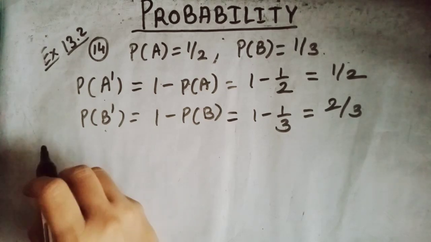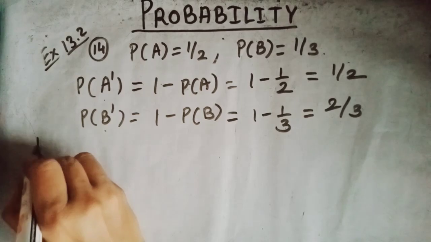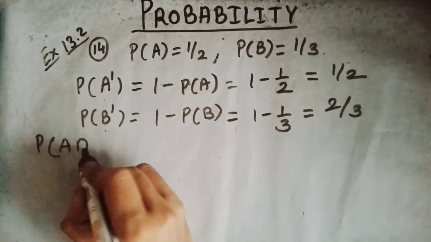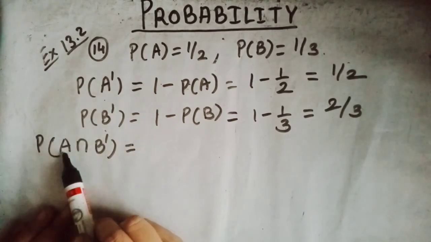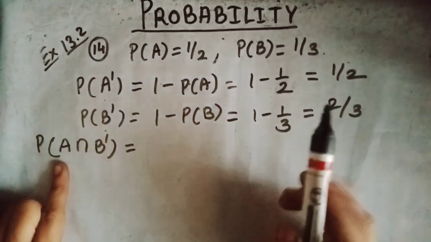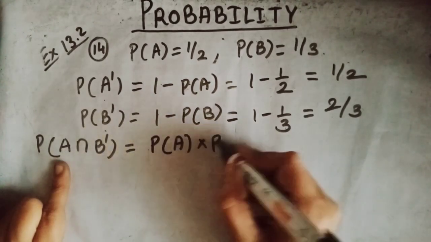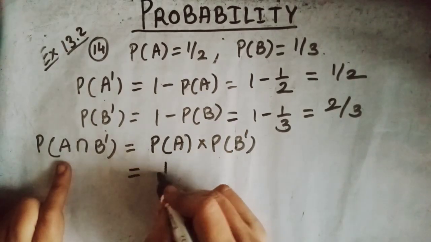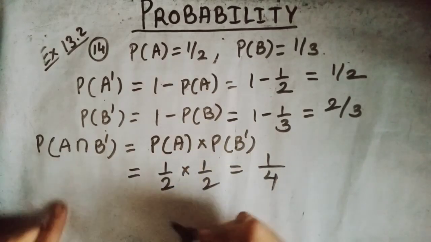Okay, now let's find exactly one of them solves the problem. So P of A intersection B complement. Okay, exactly one is solving the problem. A is solving the problem and B is not solving the problem. So this will be P of A into P of B dash. So P of A is half, this is half, so it comes to 1 by 4.